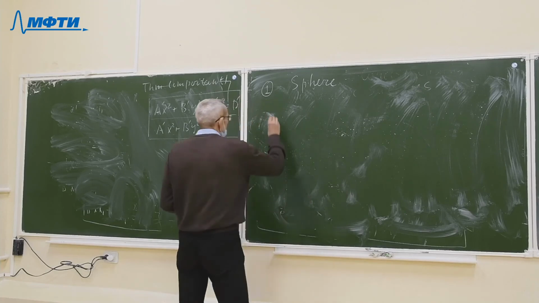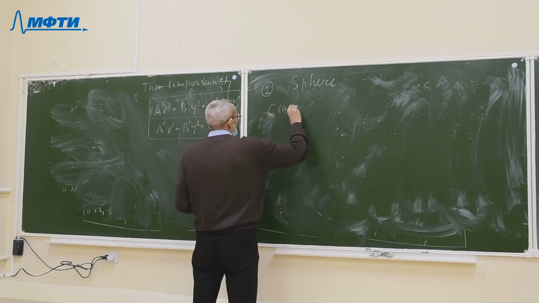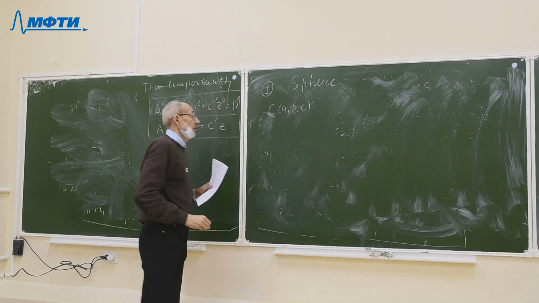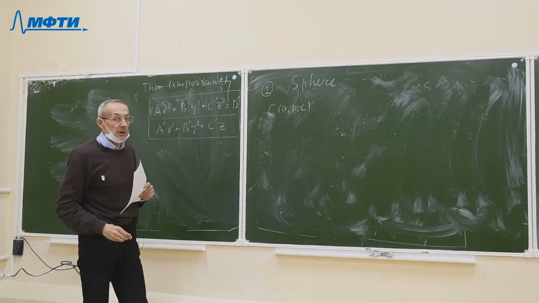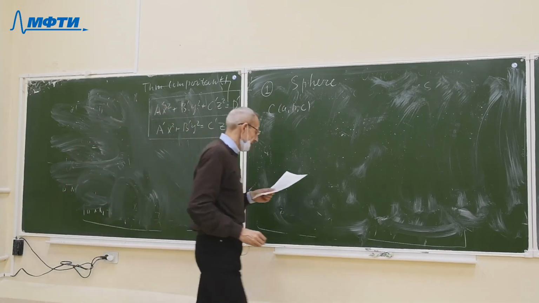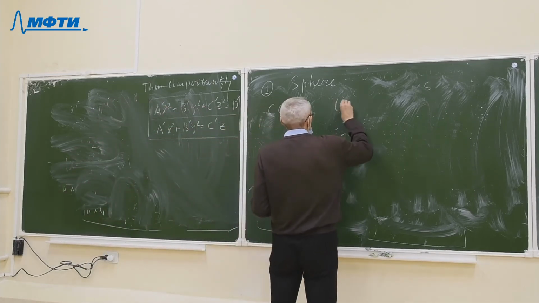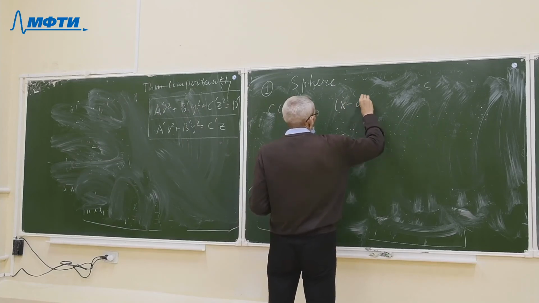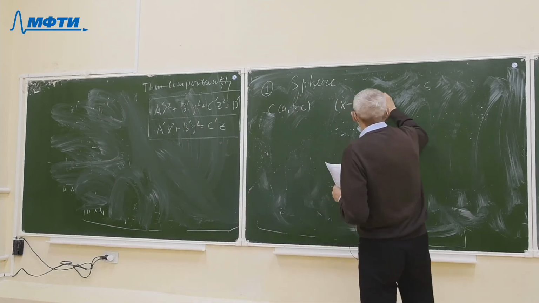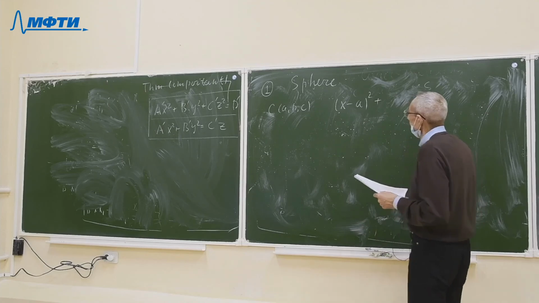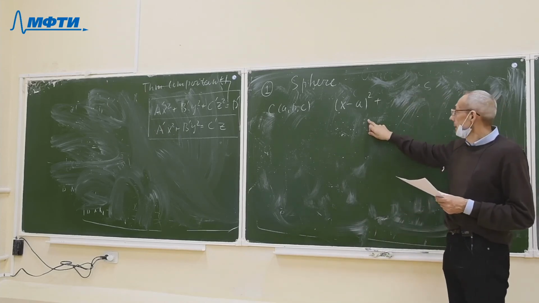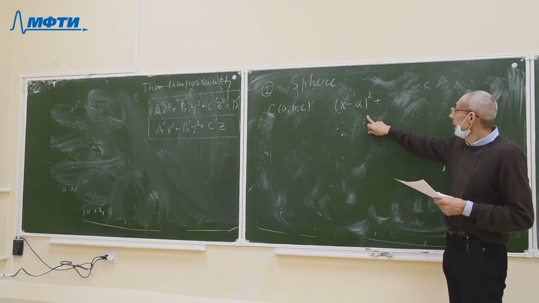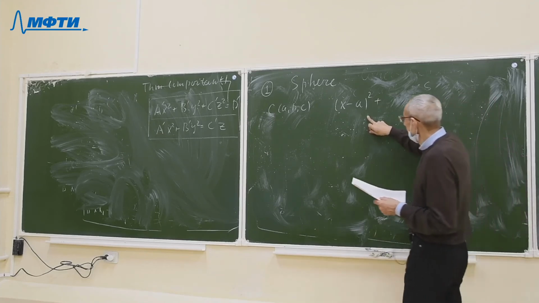And let C be a point with coordinates a, b, c in space. Then the sphere is a set of points whose coordinates satisfy the following equation.